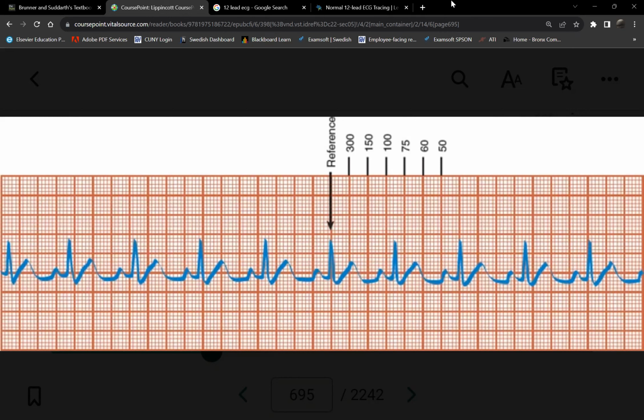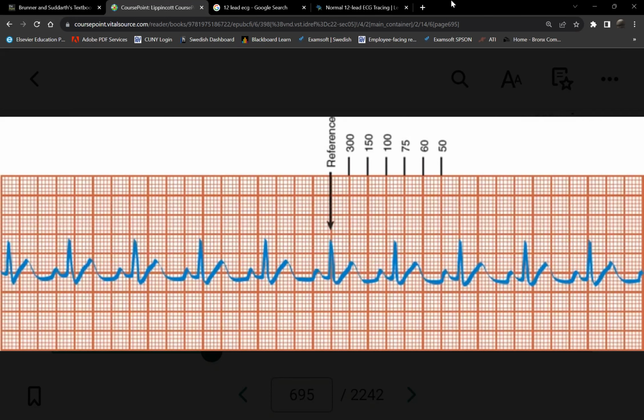We know it starts here because it left the isoelectric line. And then where does it end? Right here, where it returns to the same isoelectric line. And it'll be the same for the Q, R, and S waves, and then the T wave. Right? So there's some imaginary straight line from which all of the waves and complexes left and returned to.